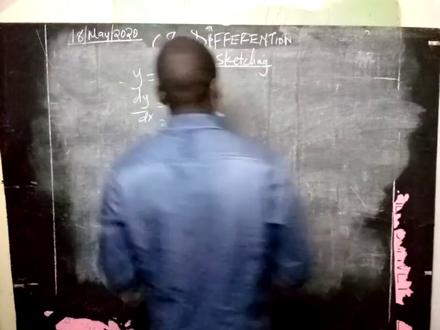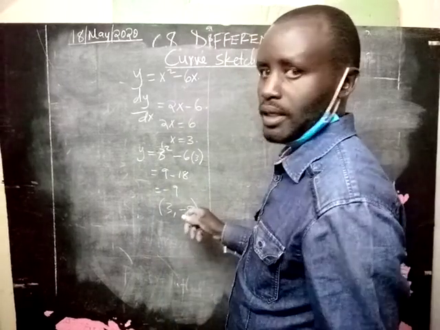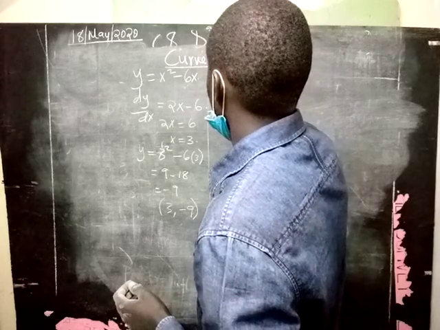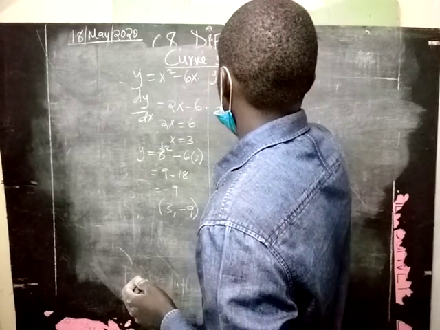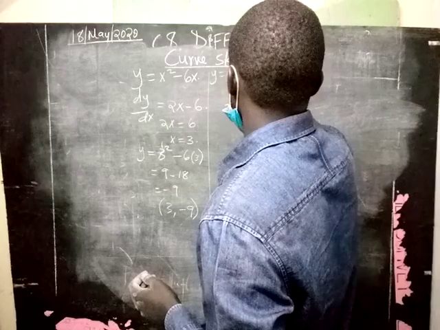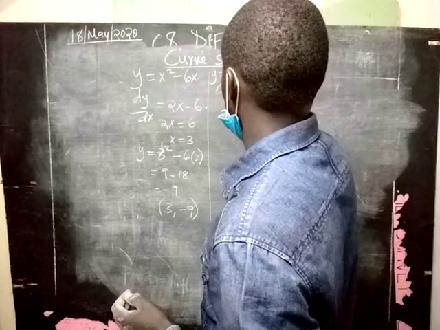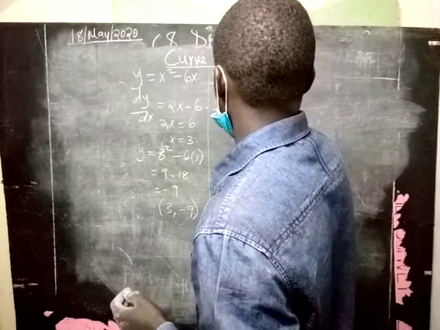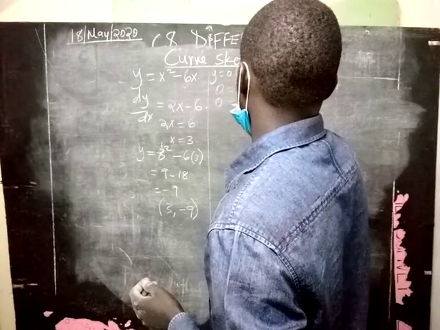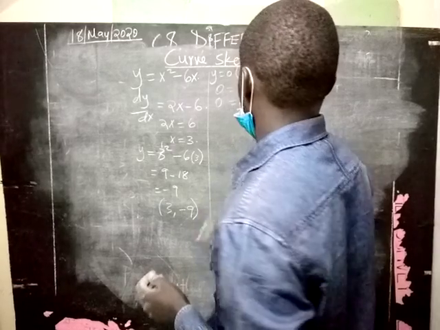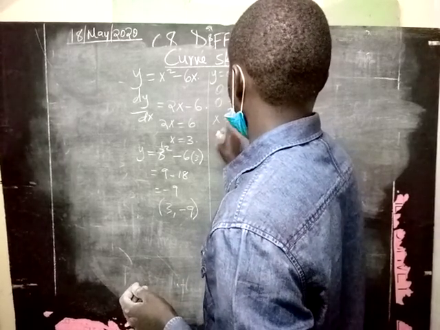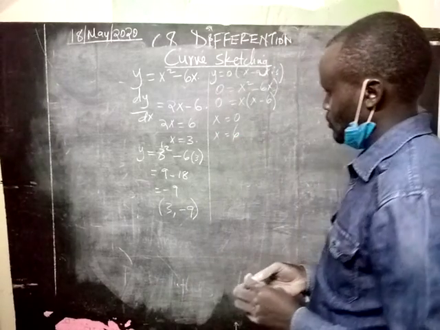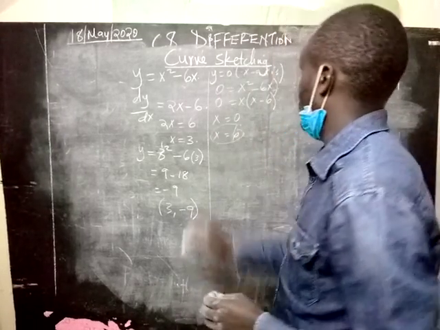While here, we want now to see where it cuts the x-axis. Where it cuts the x-axis is when y equals 0. So we are going to say 0 equals x squared minus 6x. And for this case, 0 equals x into x minus 6. So the first value of x equals 0, another one equals 6.